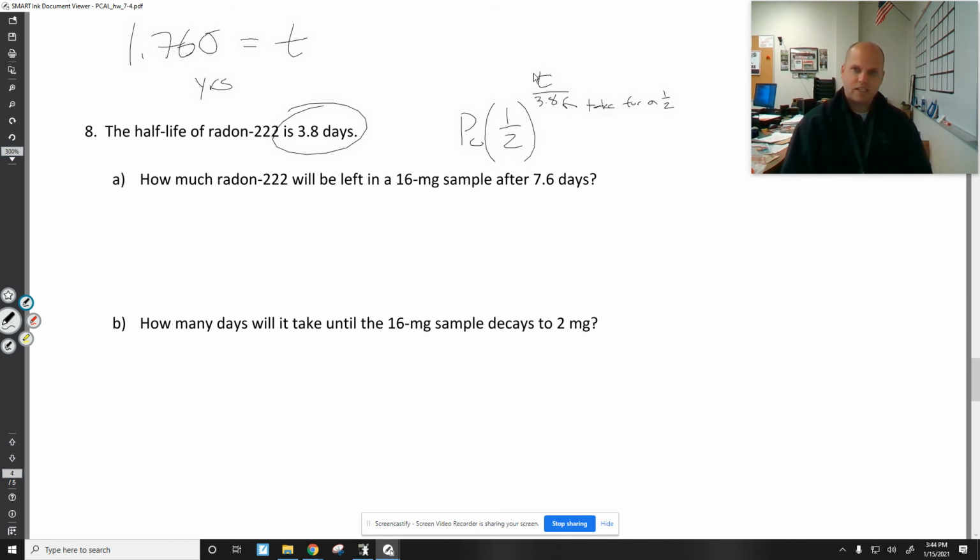And you can see if t is 3.8, I'd have my initial amount times a half. I'd end up with half of what I started with. And this is how we're going to get our future amount.